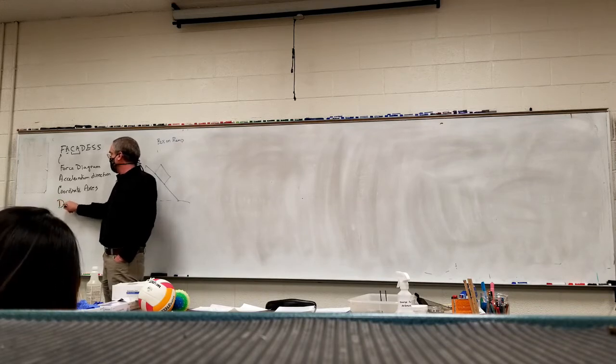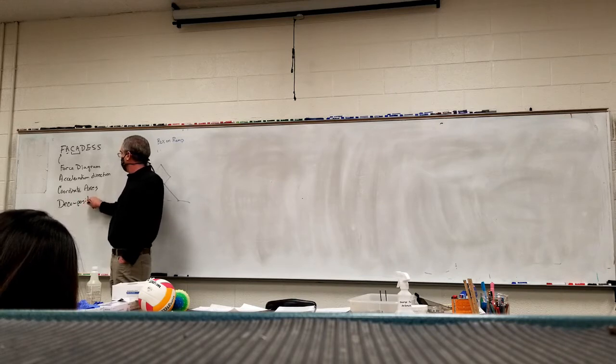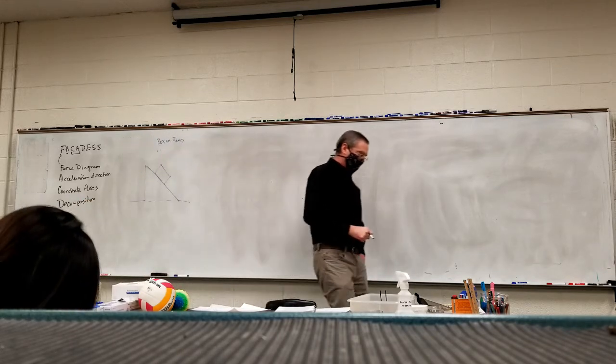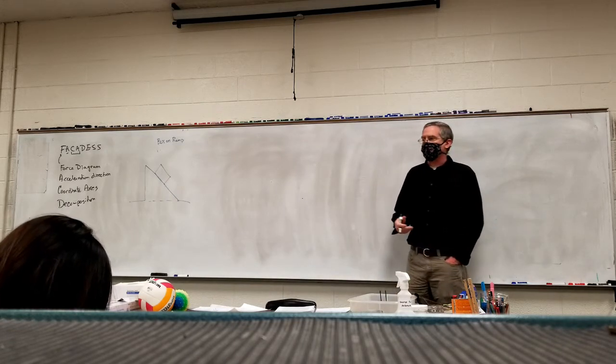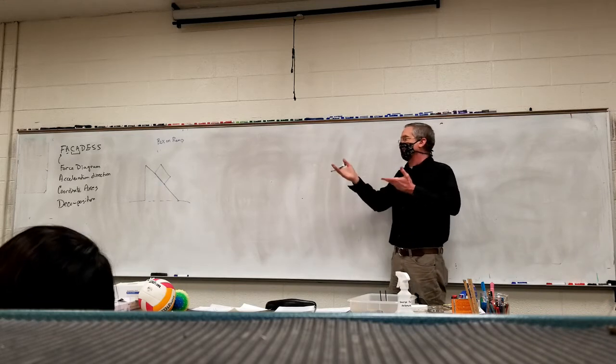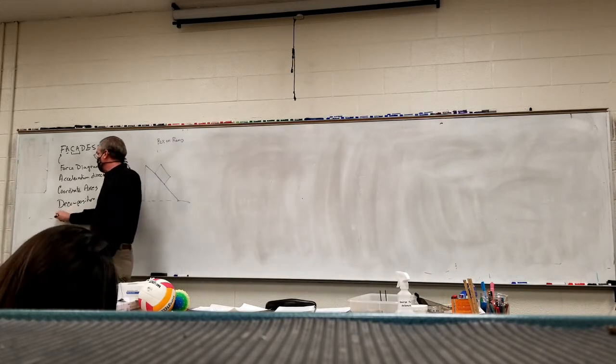D is for decomposition. When you add two vectors, you get a resultant. When you take a resultant and break it down into two perpendicular components, that's what I'm calling decomposition. E is for the equations of motion.